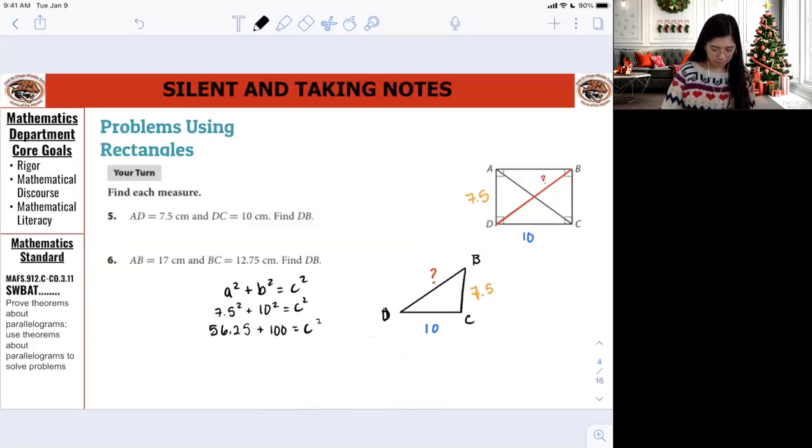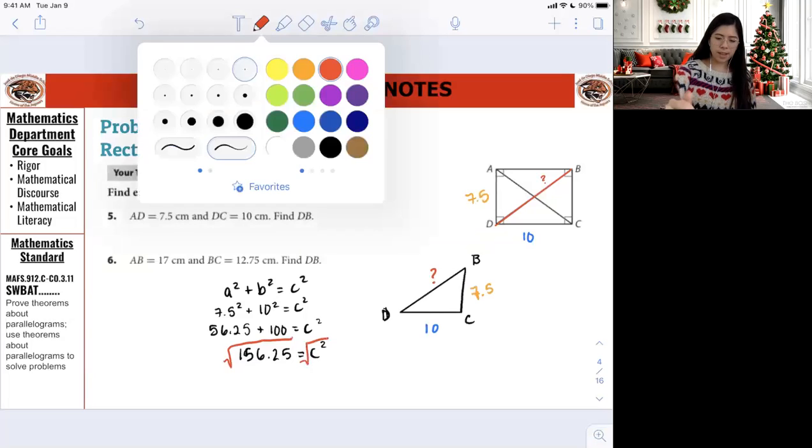Adding that up, what do you get? 156.25. And what's my last step going to be? Take the square root. So go ahead and take the square root. What is the square root of 156.25? 12.5. Do we agree? Make sure you get that same answer.